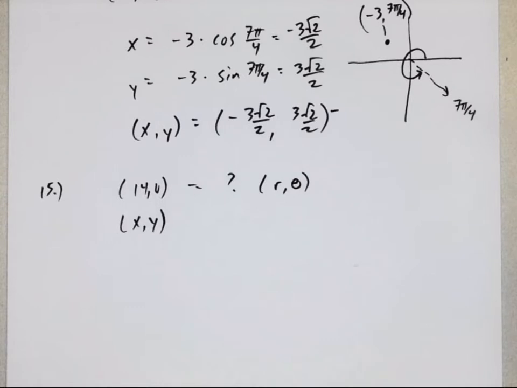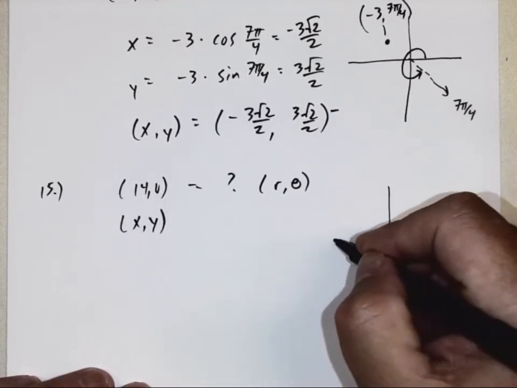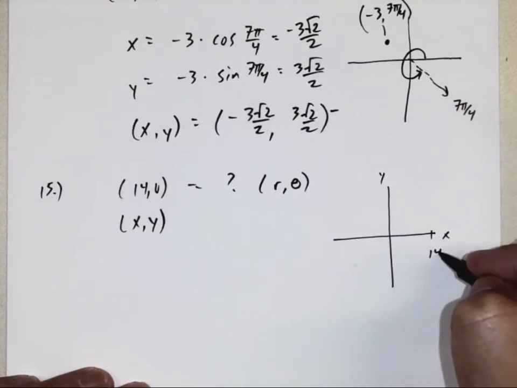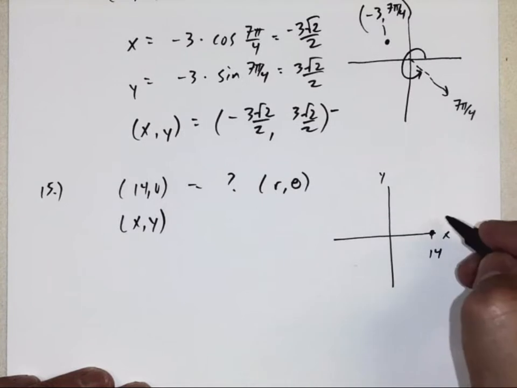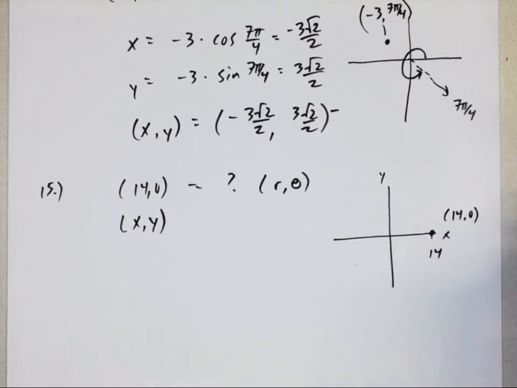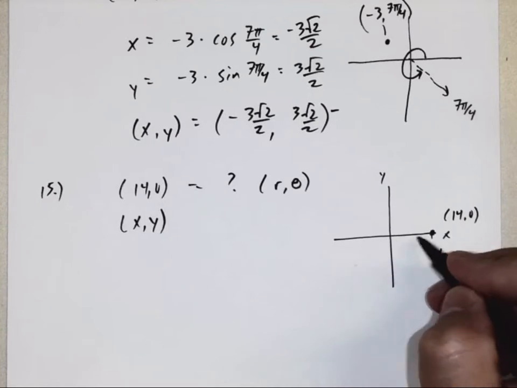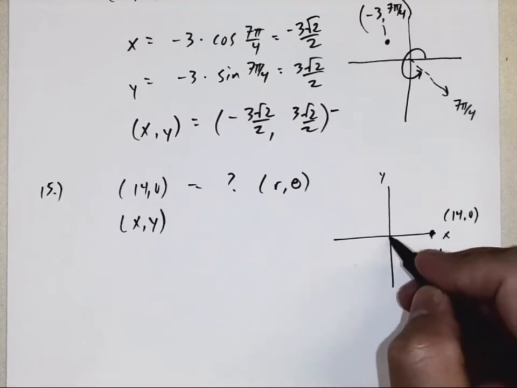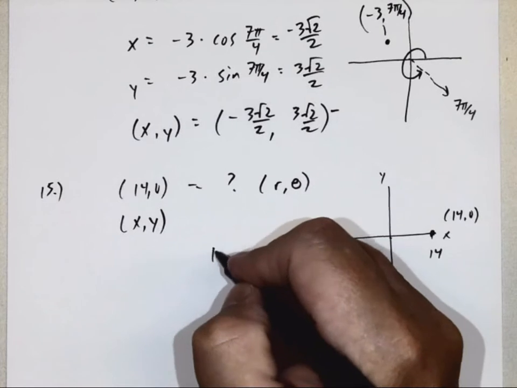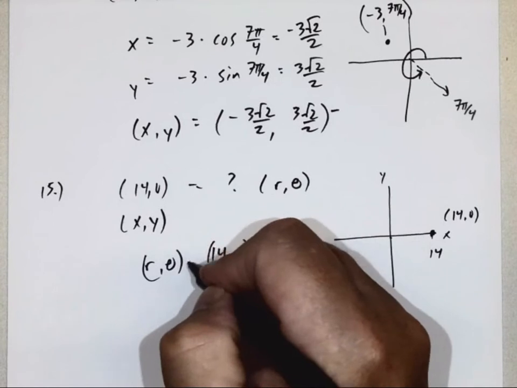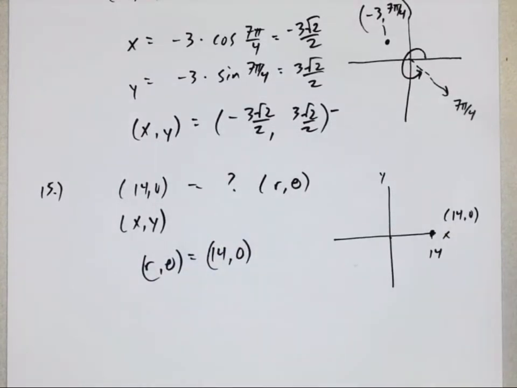Now you could use your equation, but let's go ahead and plot this. 14, 0 is right here. So actually, I don't need to use any formulas, because what would this be in polar coordinates? Well, this angle is 0, right? And the length would be 14. Looks like it'd just be 14, 0. That's sort of common sense.